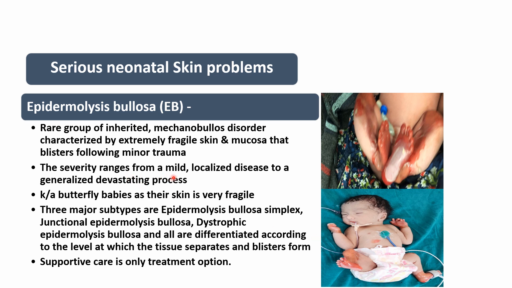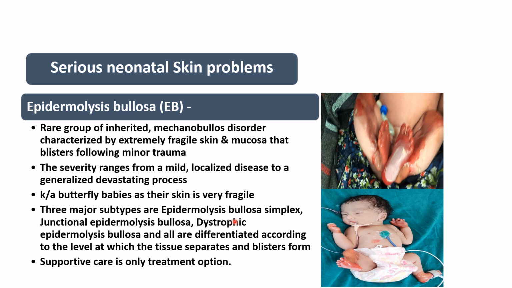Severity can range from mild localized disease to a generalized devastating process. It is also known as butterfly babies because the skin is very fragile. There are three major subtypes: epidermolysis bullosa simplex, junctional and dystrophic. And according to the biopsy report and the various clinical features, we have to differentiate which type.